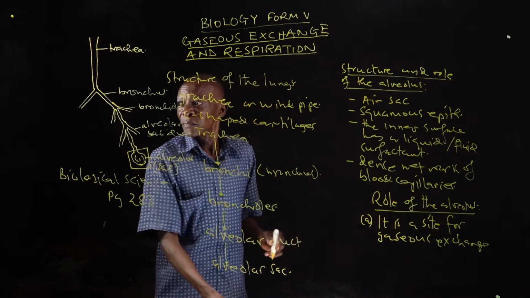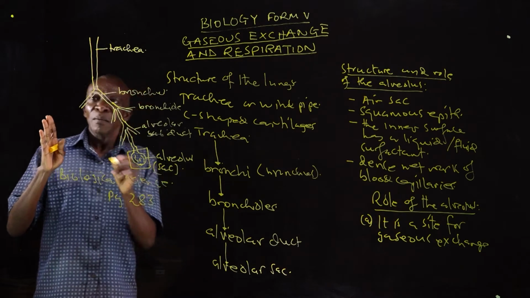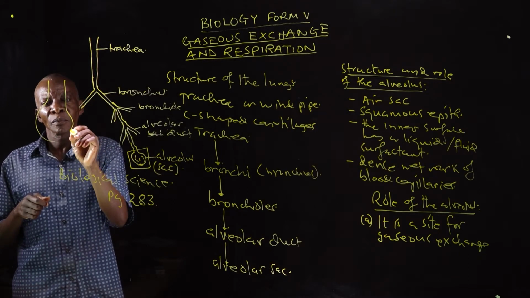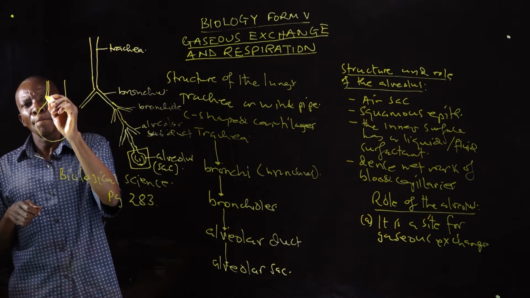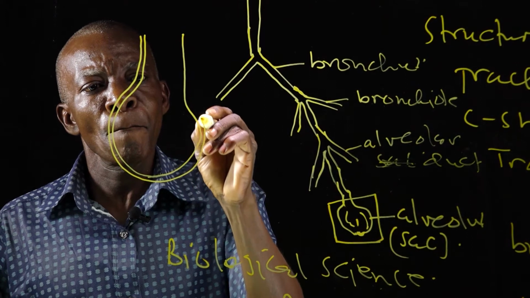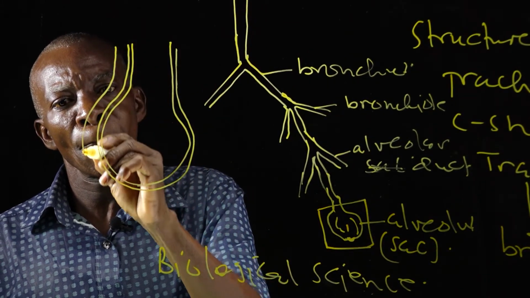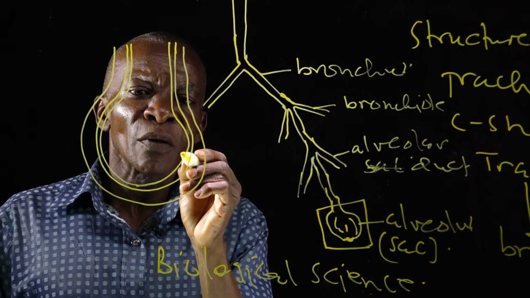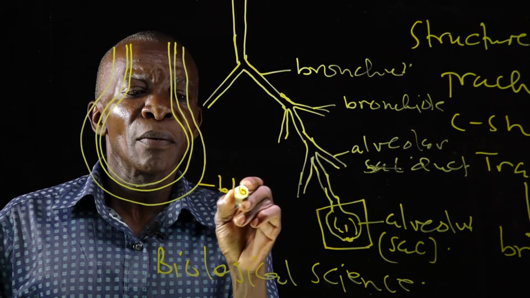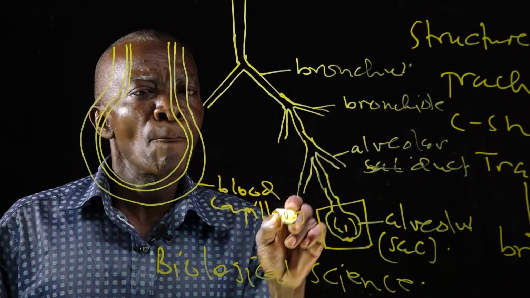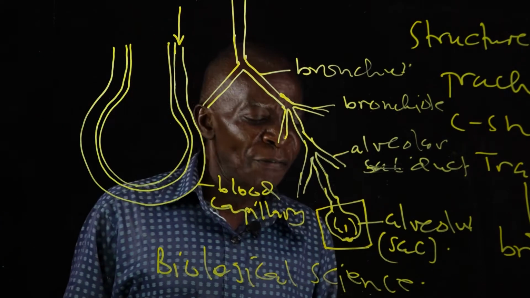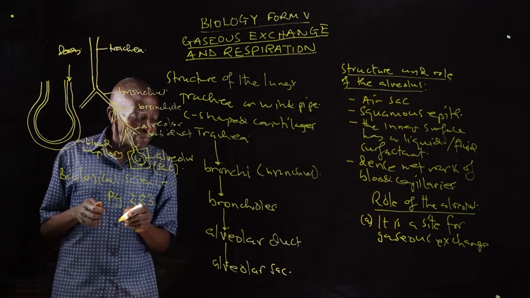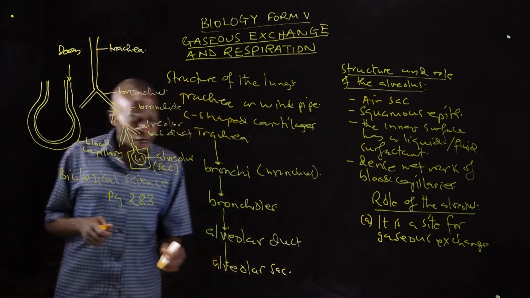Here we have a blood capillary. Here we have deoxygenated blood brought in by the pulmonary artery.